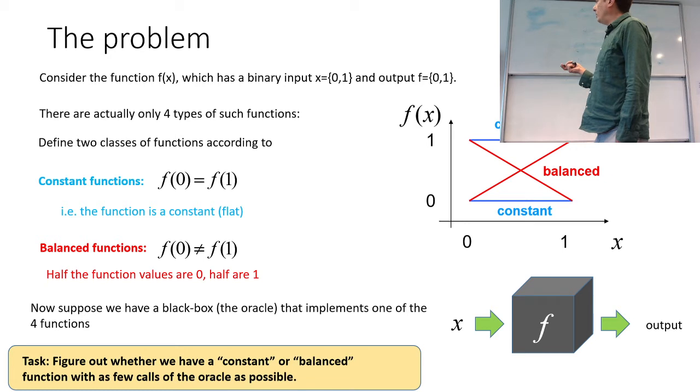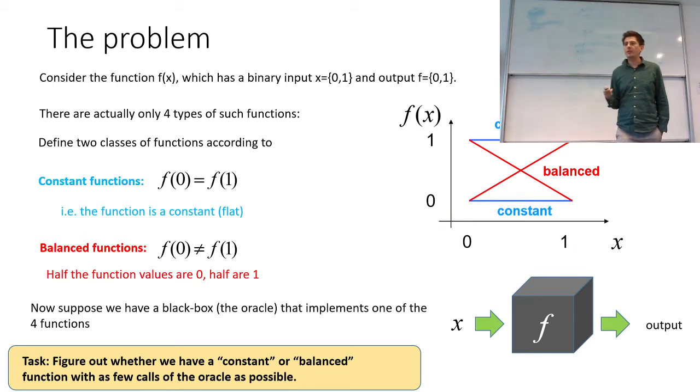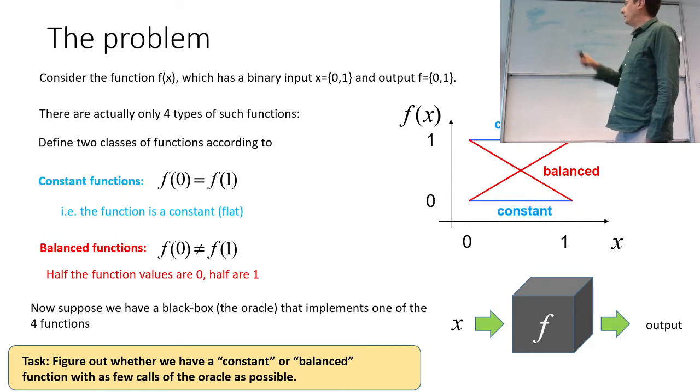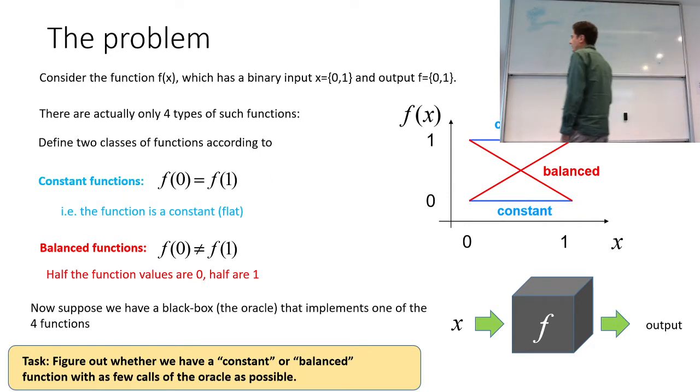So let's consider all the binary functions with a binary input and a binary output. Okay? And with only 2 inputs or outputs, there's actually only 4 possible functions. And they're graphed here, right? So there's 2 flat, and then there's 2 that are sloped like this.